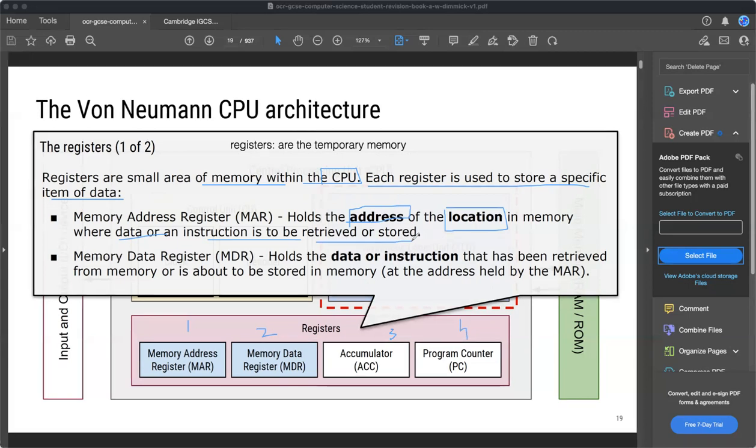MAR, memory address register, holds the address and location for what needs to be retrieved from memory. So this is your part of a memory compartment. Two compartments are there. One is called address, and the other is called location.